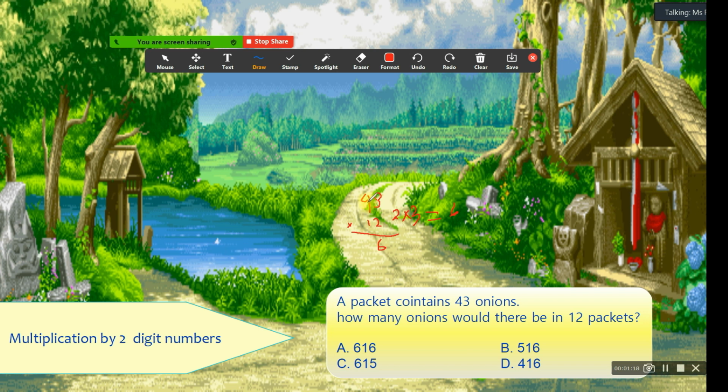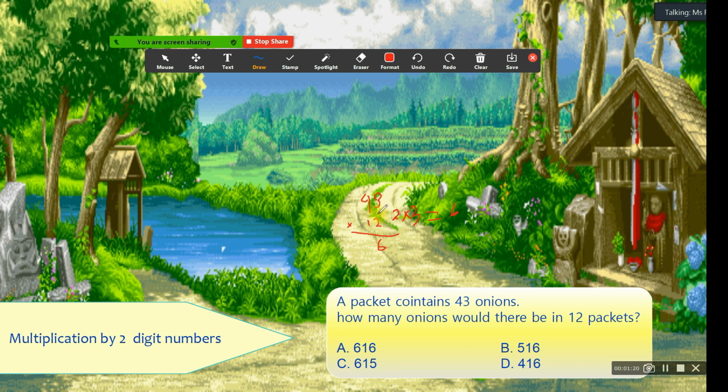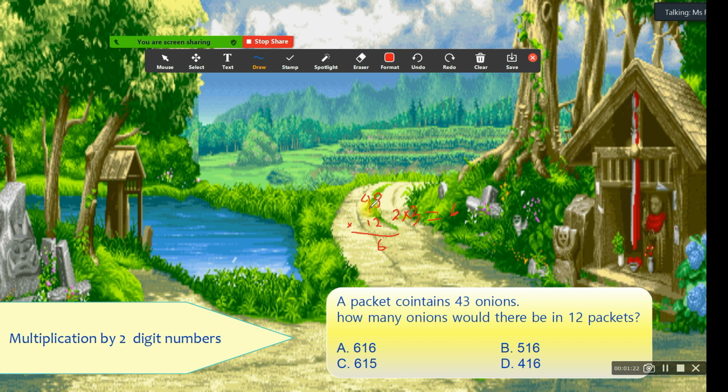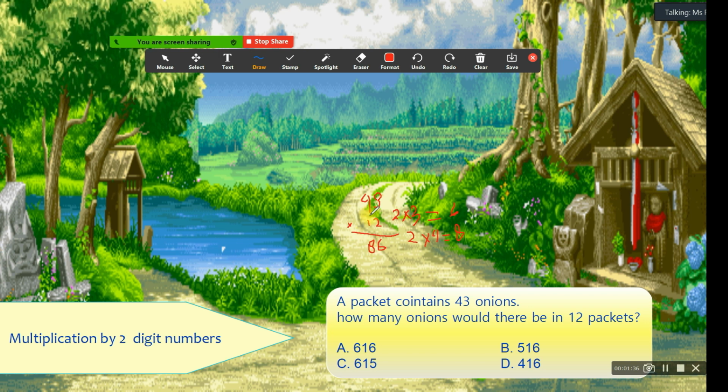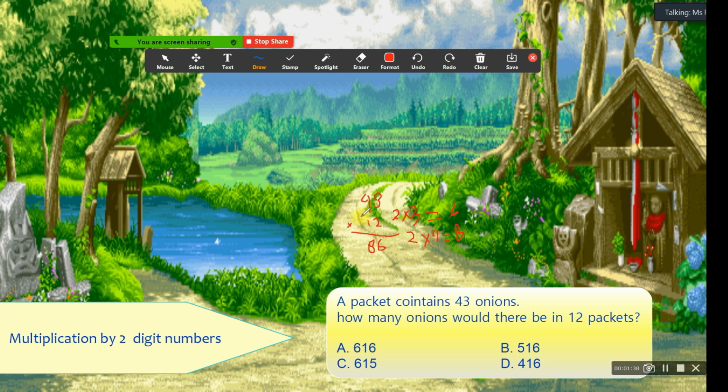After this, you can multiply 2 by 4. 2 times 4 becomes 8. So we can put 8 here. After this, you can multiply the tens in the bottom number by all the numbers in the top number.